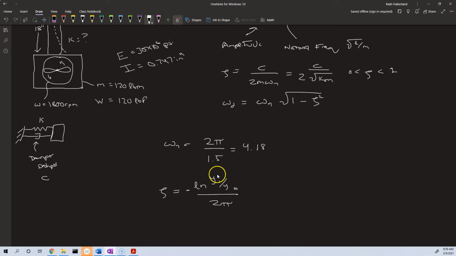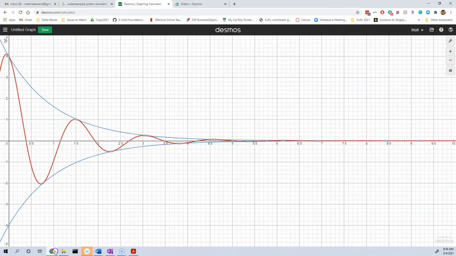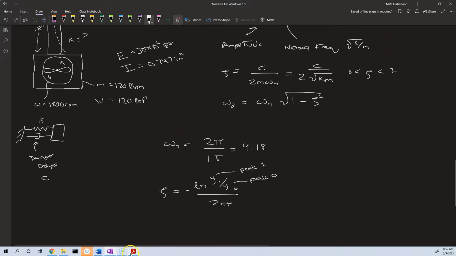So y1 is the value of y at the first peak, and y naught is the value of y at the 0th peak. So on our plot here, the 0th peak is at 4, the first peak is at 1.